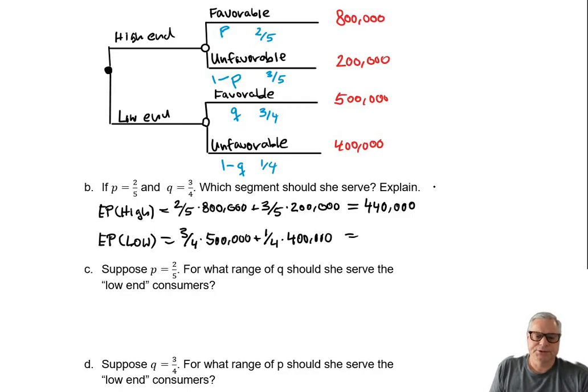So 500 divided by 4 is 125, times 3 is 375, and this is 100, so this is 475,000. Okay, so then the decision is obviously to target low.